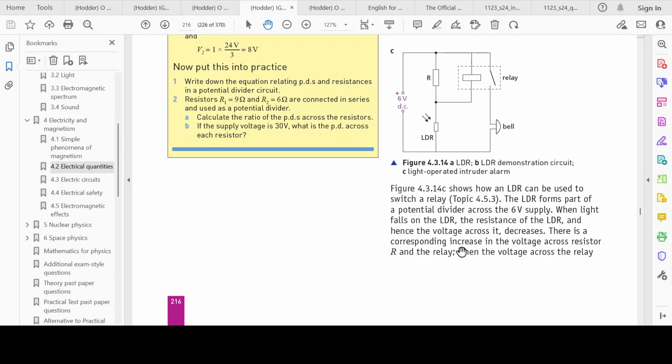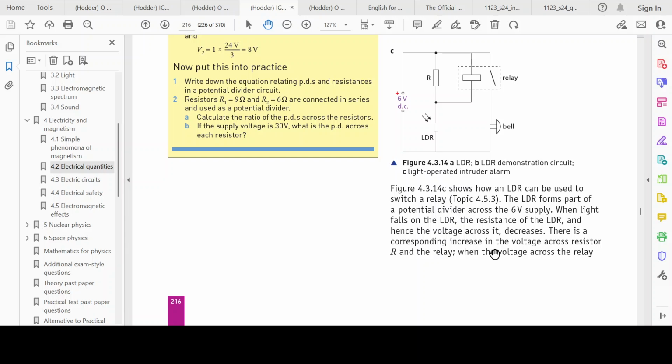There is a corresponding increase in the voltage across the resistors, right? Because notice over here that this thing is in parallel to this power supply, but within that parallel branch, the light dependent resistor and the fixed resistor, right, are in series. So there are two components connected over here.